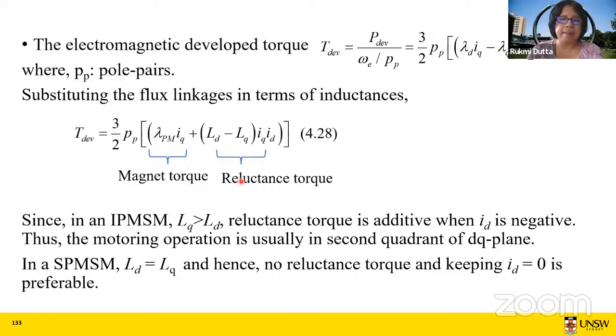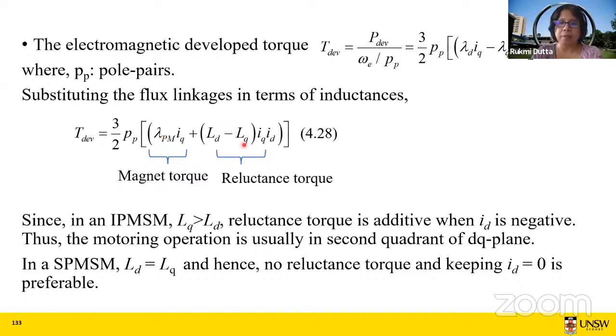One thing to remember is that in the salient pole synchronous machine, LD is bigger than LQ, whereas in an IPMSM it is opposite: LQ is bigger than LD. We want the torque to be as large as possible, so we want this term to be additive, not subtractive.